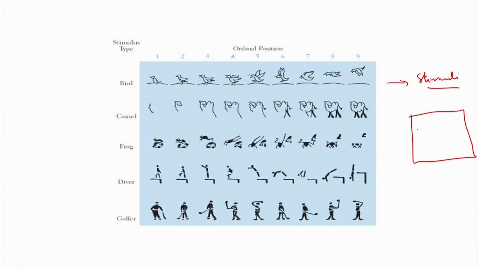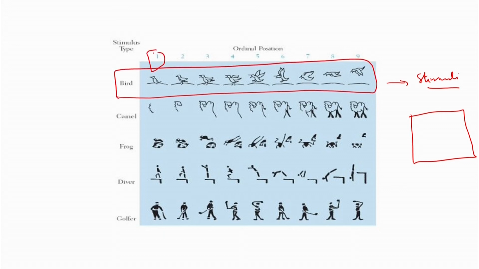From the first stimulus here, I take ordinal positions 1, 3, 2, 6, 9, 4, 9, and then I ask you to verify whether 5 is there, or let us say 4 is there in this set or not. That is what you need to do.